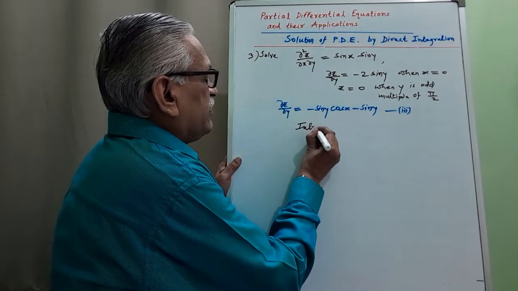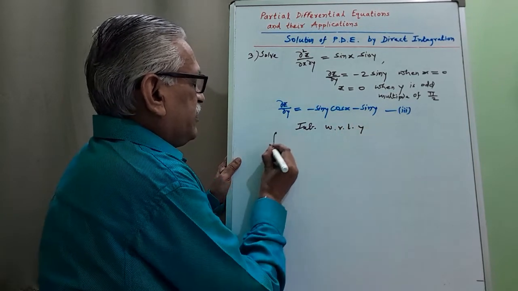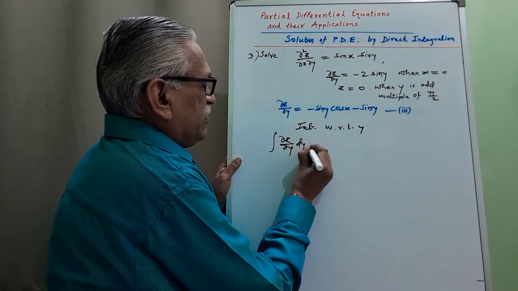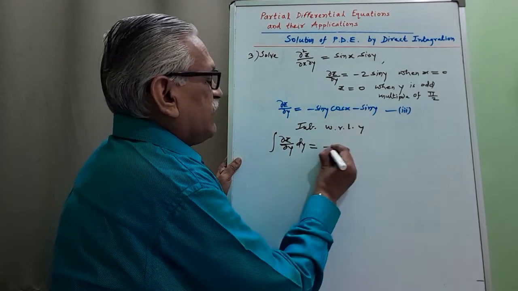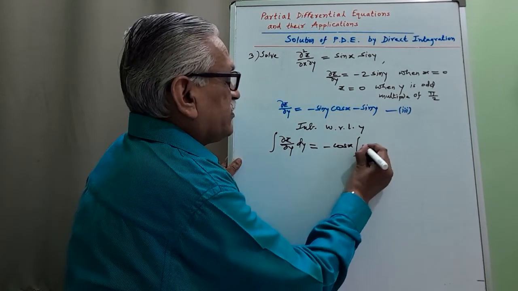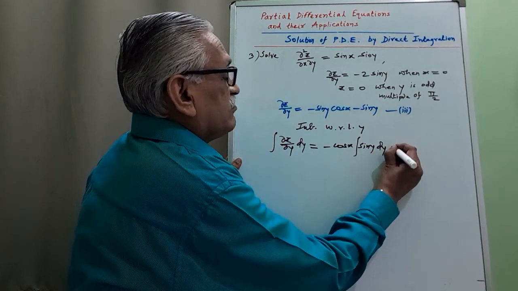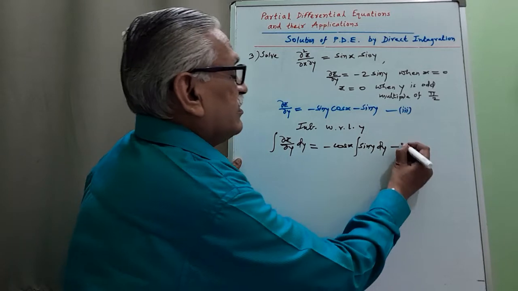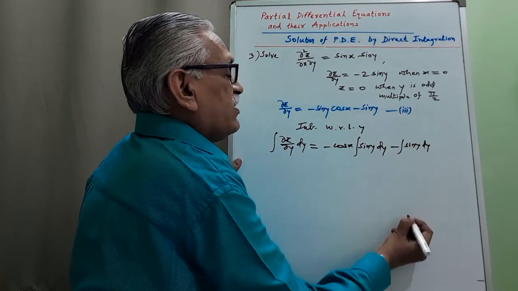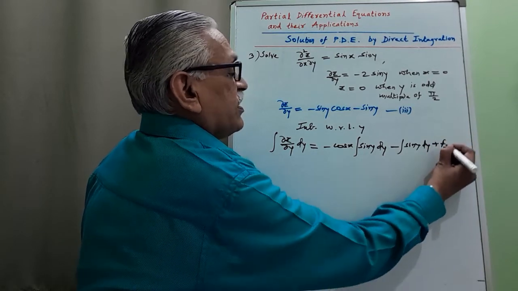Therefore, integrating with respect to y both sides, integration of ∂z/∂y with respect to y is equal to minus cos x, which is constant with respect to y and outside, integration of sin y with respect to y, minus integration of sin y with respect to y, plus constant of integration f2 of x.